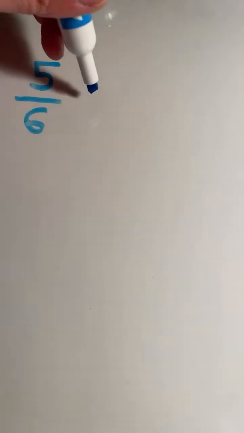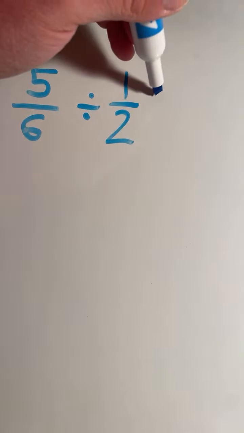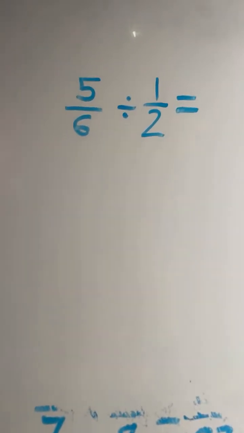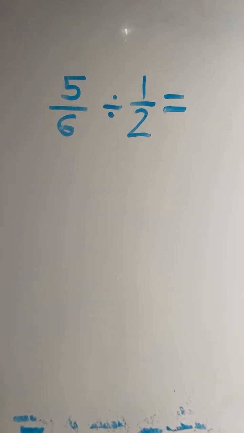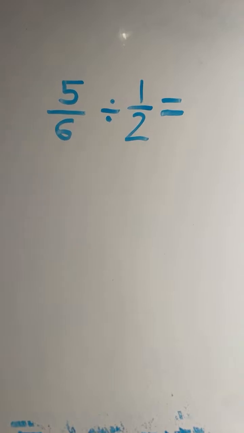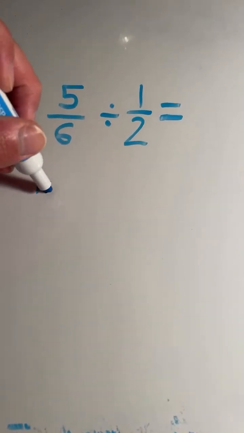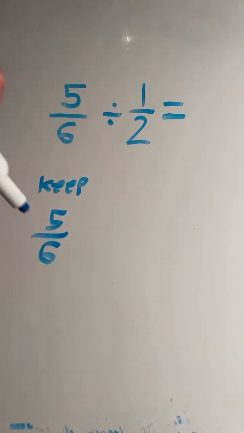So dividing fractions is basically multiplying fractions with an extra step in the beginning. So let's say we have 5/6 divided by 1/2. So what we're going to do is step 1. It's kind of 3 small steps in one: keep, change, flip. So we're going to keep 5/6. The first fraction stays the same.